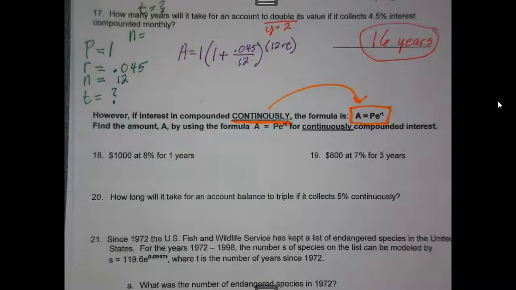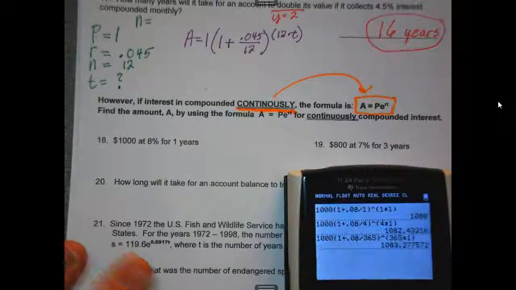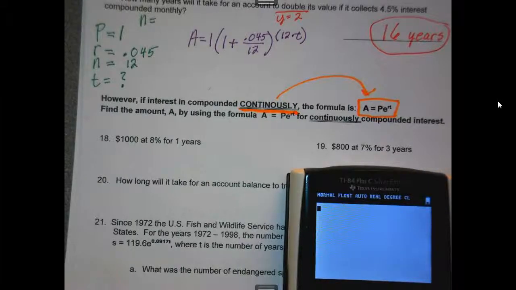Now you're asking me, well, what's E? E is a number found in physics. And all these numbers are found in nature. It's like pi, okay? And I believe E is, I think E is 2.7.